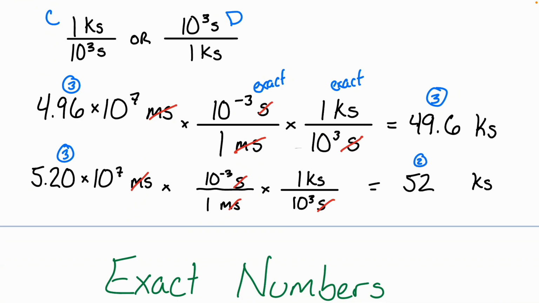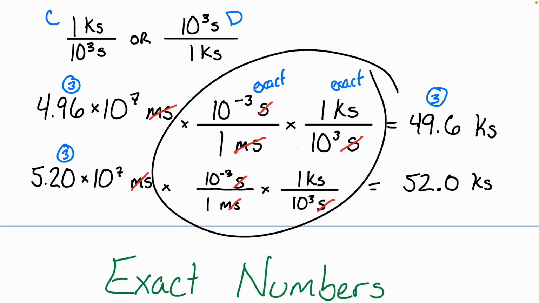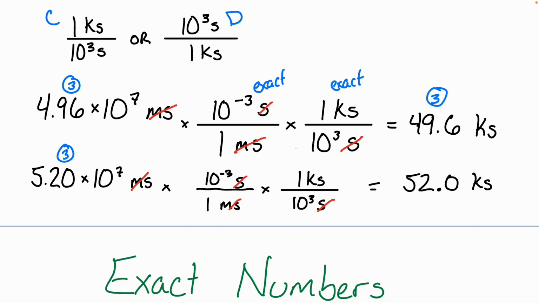My calculator only spit out 52, which has 2 sig figs. So what am I going to have to do to my answer to make sure that I'm reporting the correct number of sig figs? 52.0, right? I've got to tack that significant 0 onto the end there. We get to ignore the middle bit here, but we don't get to just ignore sig figs altogether. We still have to make sure that our original value and our answer have the same number of sig figs.